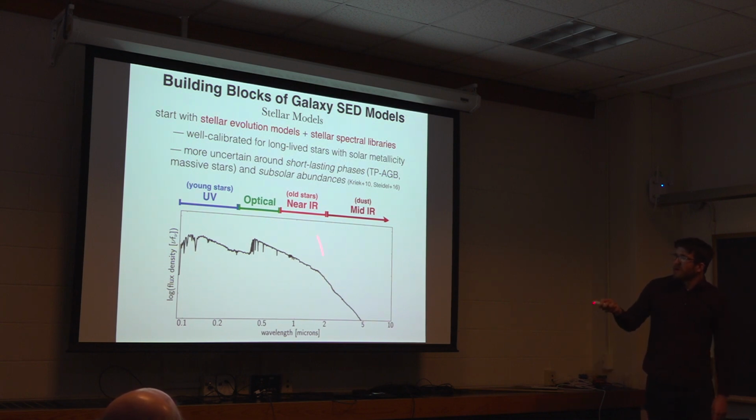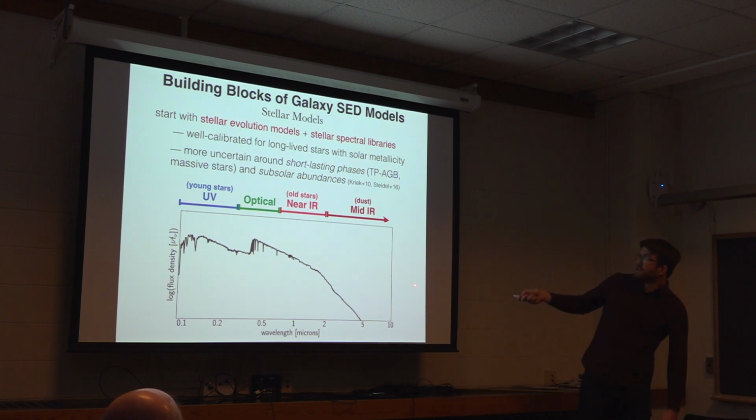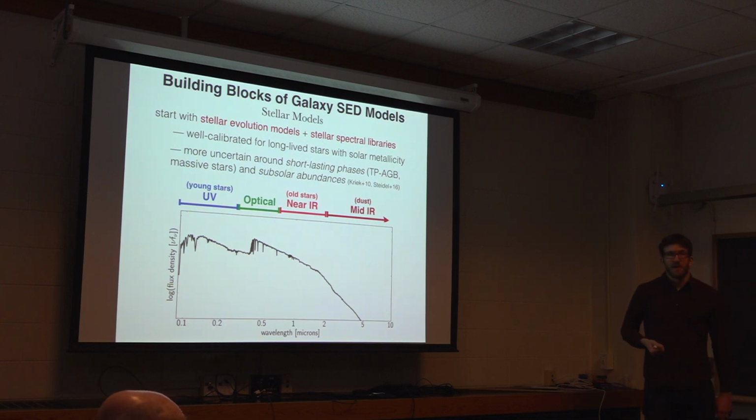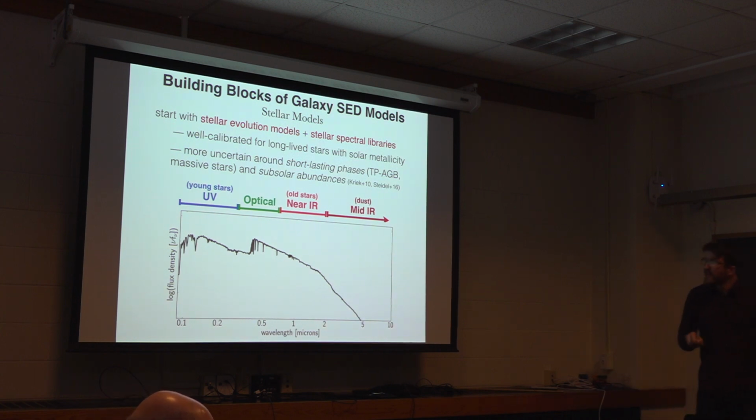The reason to talk about this part of the SED first is because this is largely what powers everything redwards of it. And so the way we model the UV to the near infrared is by building these stellar models. Stellar models are composed of 2 different parts. One is stellar evolution models, so everything you learned in your stellar evolution classes in undergrad and graduate school, plus these spectral libraries.